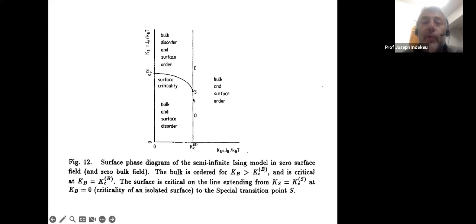And for surface couplings less than this special value, we speak of the ordinary surface transition at bulk criticality. So these S, O, and E are all only at bulk criticality. Okay, that's the definition of those things. So now you understand the simultaneity of the possibility of having surface criticality and bulk criticality.